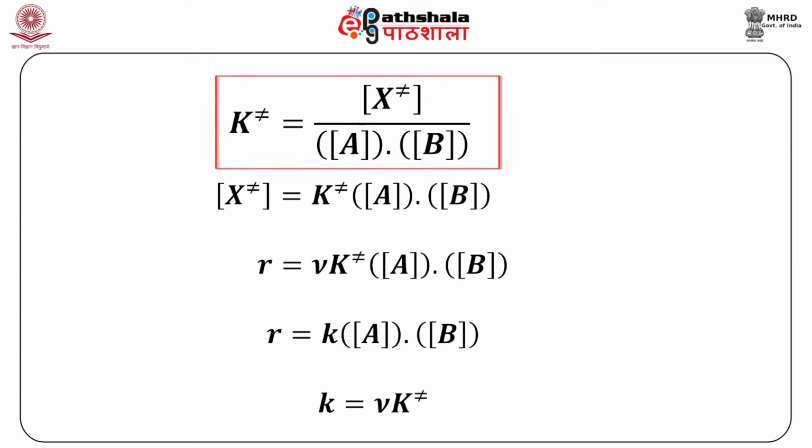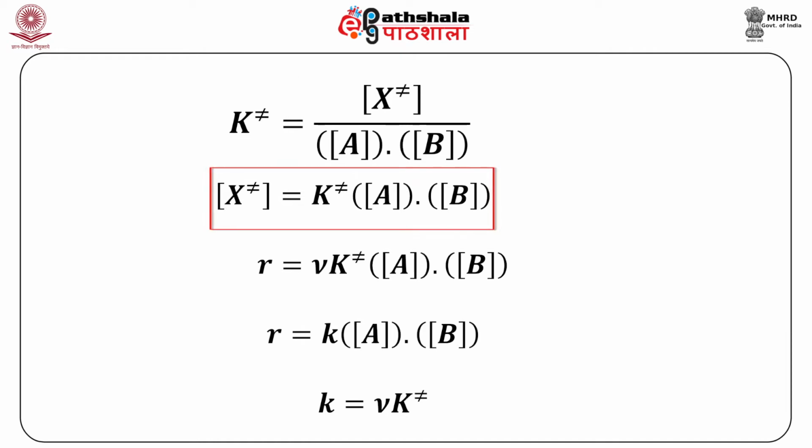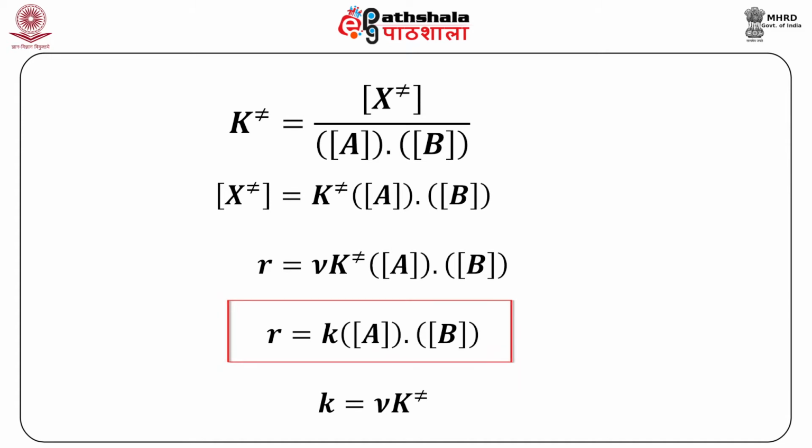Now if we consider the equation for equilibrium constant and rearrange it to obtain the concentration of the activated complex, we get K into concentration of A into concentration of B. If we substitute the concentration of activated complex so obtained, we get the rate as frequency into K into concentration A into concentration B, or simply we can write the equation as rate equals k into A into B, as shown.